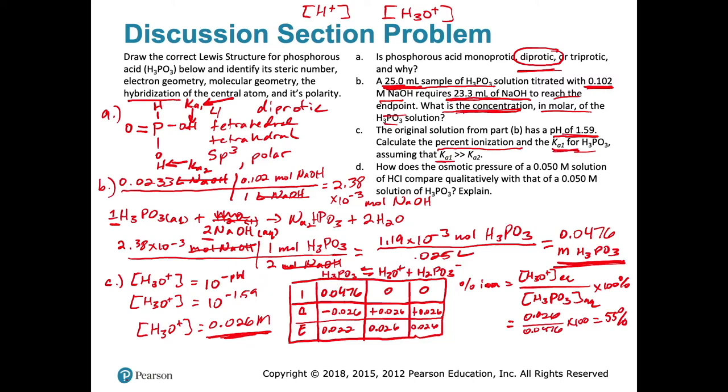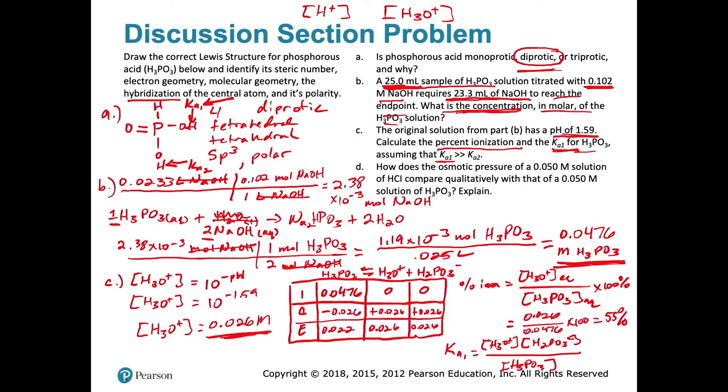What is Ka1? If you recall from the expression I gave you before, K1 equals exactly the same as it always equals for every single equilibrium: products divided by what? Reactants. So this is another reason why I had it as H2PO3, because it's going to be H3O plus times H2PO3 minus all over H3PO3, right?